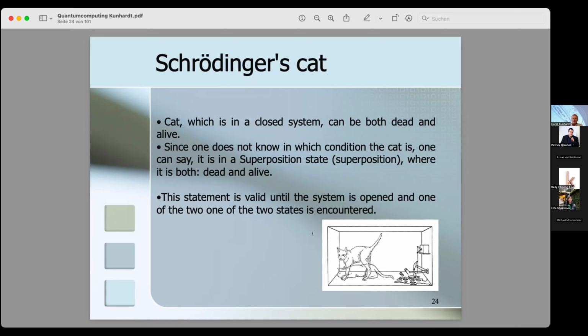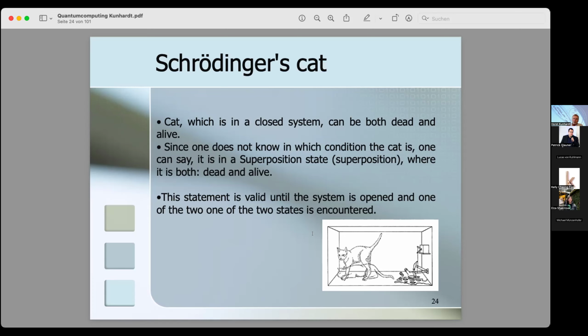And inside the box is a specific mechanism that works with radioactivity, and poison will be brought into the box: a hammer strikes at the glass bottle, the poison will be freed, and the cat will die after radioactive activity.